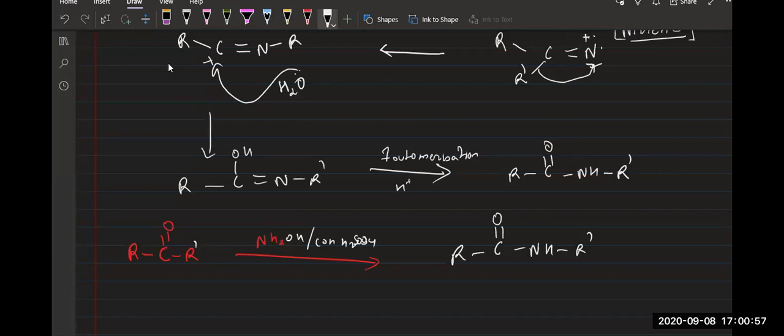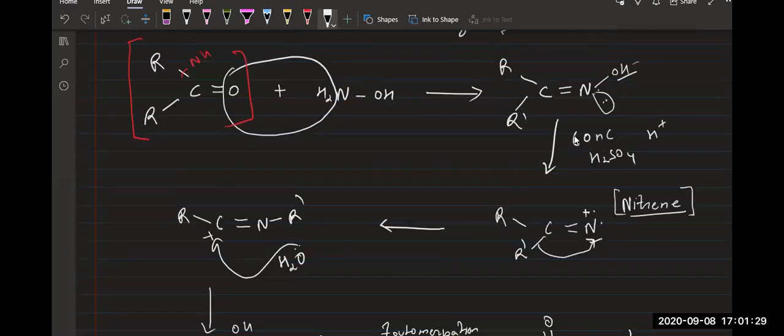That's why it is very important to know the work of the reagent. For example, instead of NH2OH, they can give N3H also, or any other reagent which can add N. That's why I broke down this reaction in two steps: first was formation of nitrene and second was this.